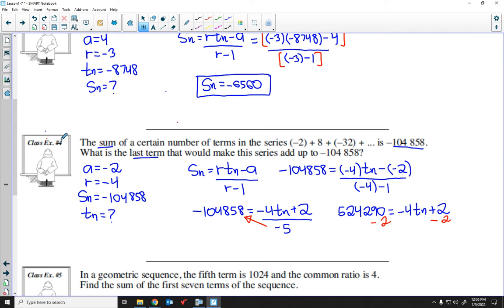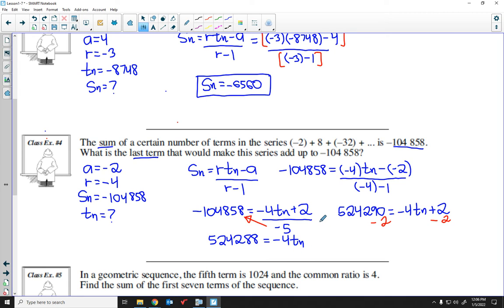That's going to give me 524,288 would be equal to negative 4 t of n.